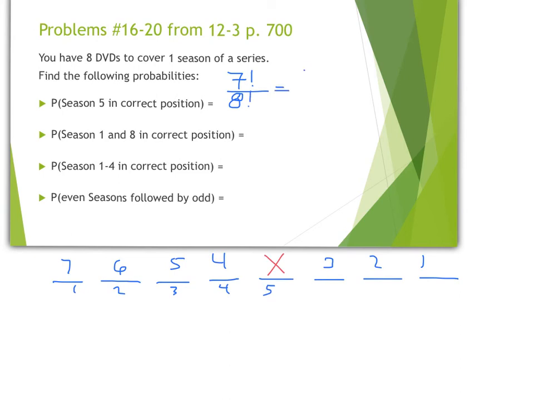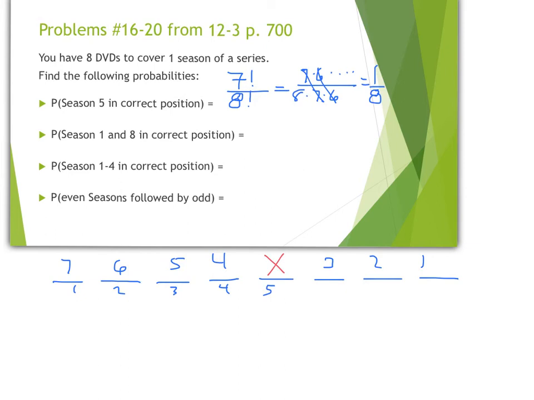So if I work this out, we have our 7 times 6 on down over our 8 times 7 times 6 on down. And notice in this case, because it's only one event, I can look at it as 1 out of 8, which kind of makes sense. So that was sort of like Bob going second before.